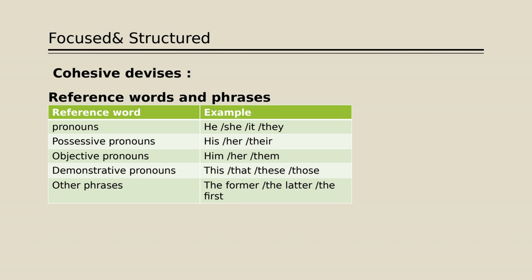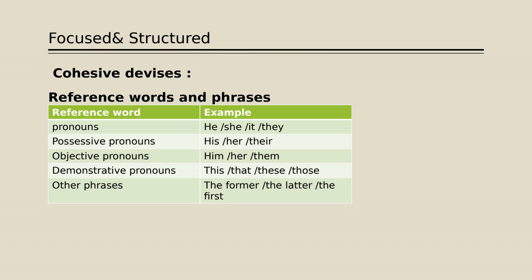You can think of these references as a very simple thing, but they make sense and they enhance the readability of your text. And other phrases like the former, the latter, and so forth.